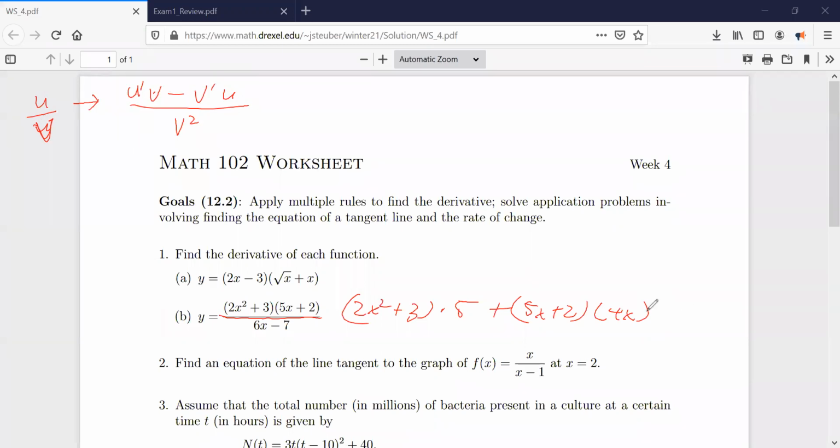Cool. So then this guy right here is going to be the derivative of the top. And then when we do this, it's just going to be 2. So we do the derivative of the bottom also. So the derivative of the bottom is just 6. So that's v prime in this case. This is u prime in this case.